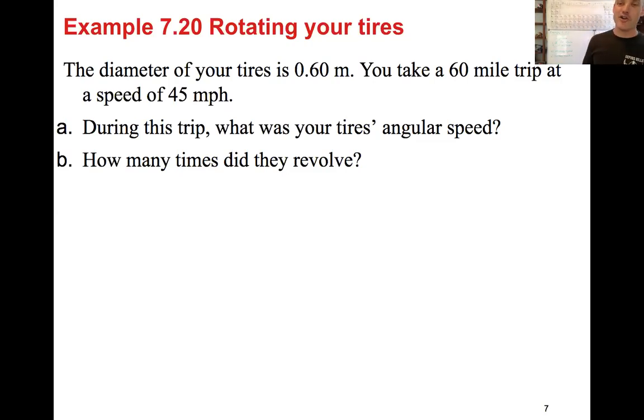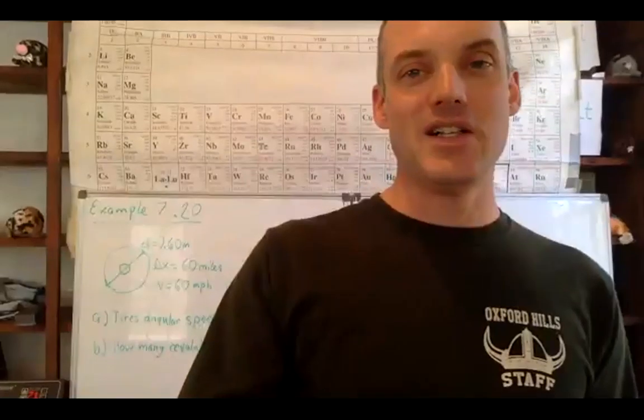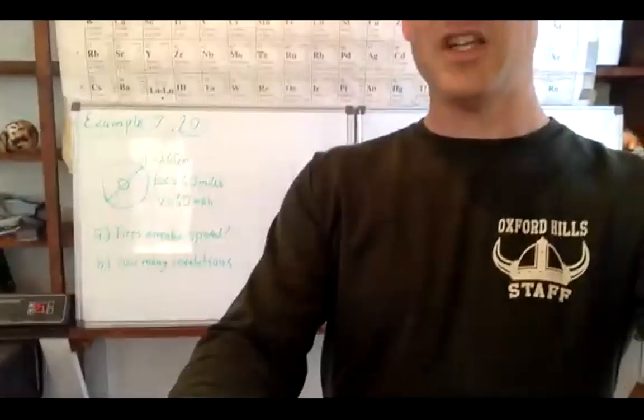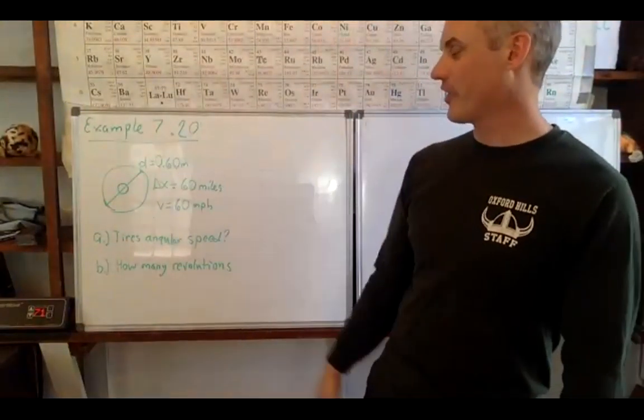So during this trip, we're going to calculate your tire's angular speed, and we also want to find out how many times your wheel made a revolution to make that trip successful. Here we have your tire with a diameter of 0.6 meters.